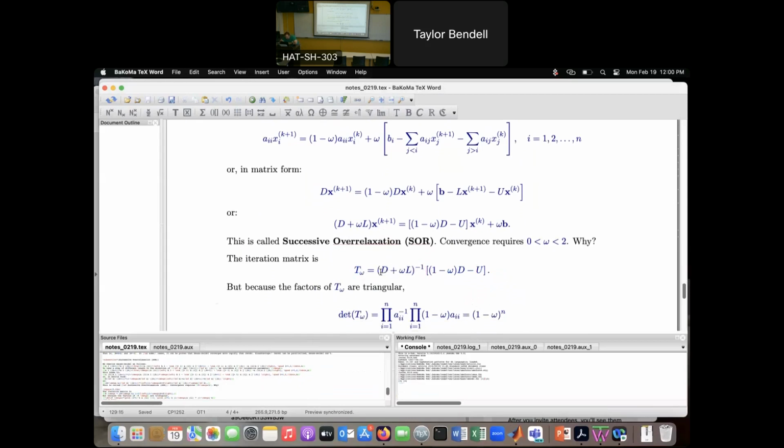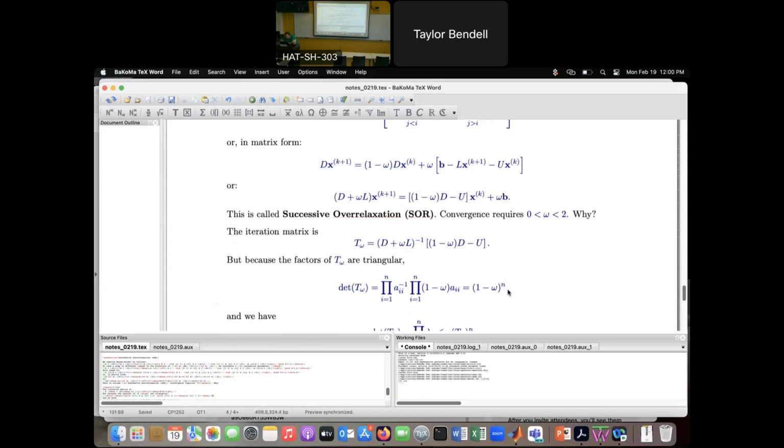So, for this matrix, I have the diagonal entries of A sitting on a diagonal. So I have a_ii, but I'm inverting, so I take the reciprocals. And then over here, I have the diagonal entries, which would be 1 minus omega times diagonal entries of A. These diagonal entries cancel out. So I'm left with (1 minus omega) raised to the n power, where A is an n by n matrix.